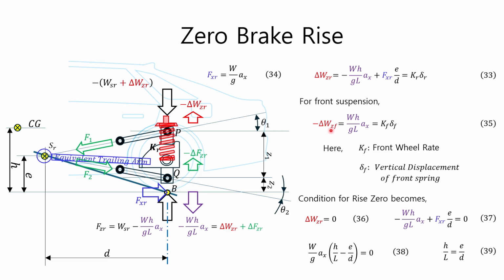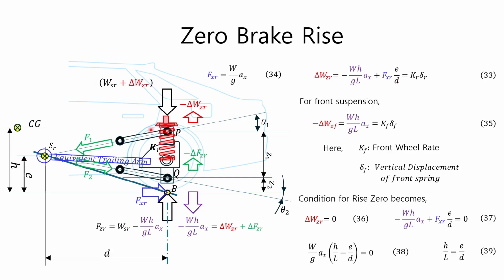Here, delta WZF is the front spring force, converted into a force acting along a line passing through the front wheel centers and perpendicular to the road surface. In equation 35, Kf represents the front wheel rate and delta F represents the front spring displacement measured along the vertical line passing through the front wheel centers.